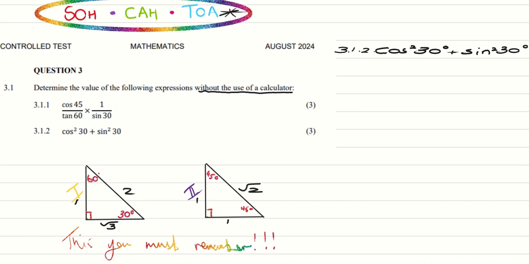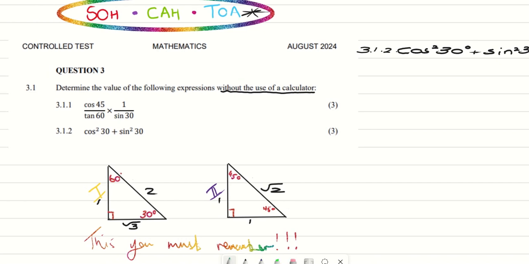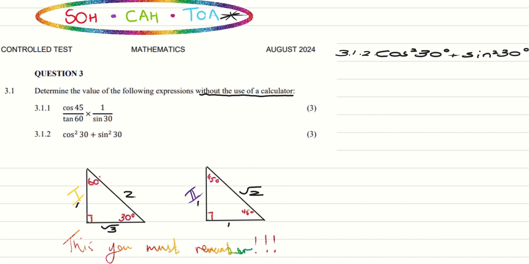So next is 3.1.2. We have the sum of cosine squared 30 and sine squared 30. So before we can start this, there's something that we need to remember here, and that is that this is actually cos of 30 squared.